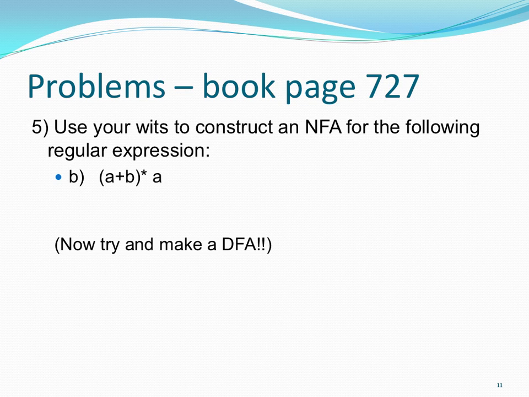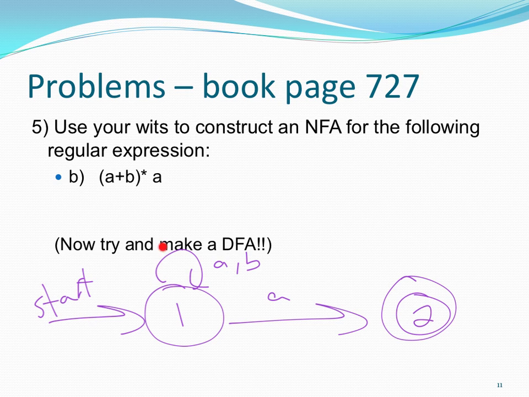We don't accept until we end with an A, right? And that's an NFA for this. Making this into a DFA is harder, and you can see it's going to be harder because there's an out transition for A there and an out transition for A there. If you have an NFA, it is possible to make a DFA that recognizes the same language. But just because it's possible doesn't mean it's necessarily easy.